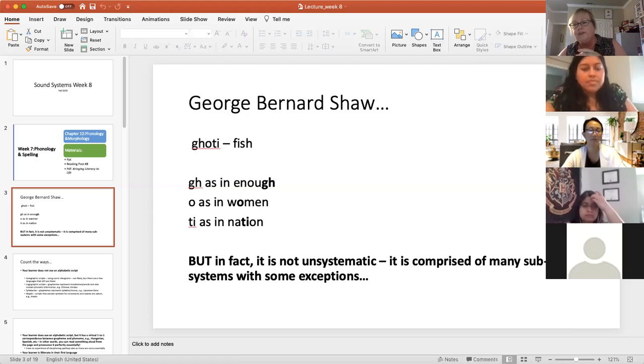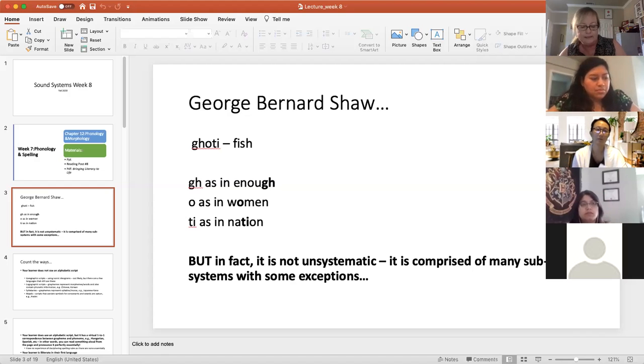So I don't know if you've ever heard this. This is George Bernard Shaw. He was very annoyed about English spelling. He always thought it was ridiculous, and he always asked for reform.